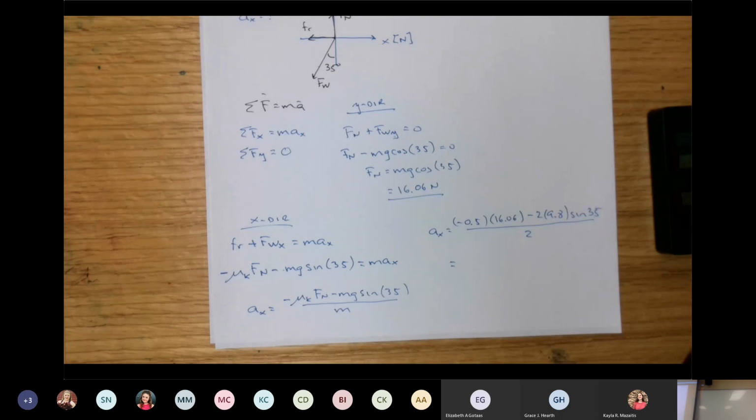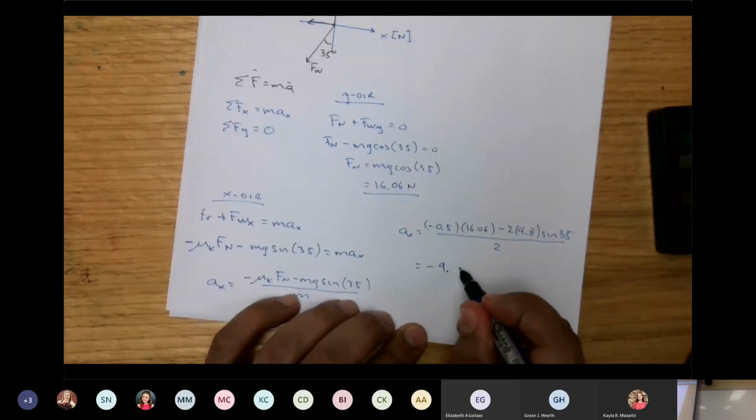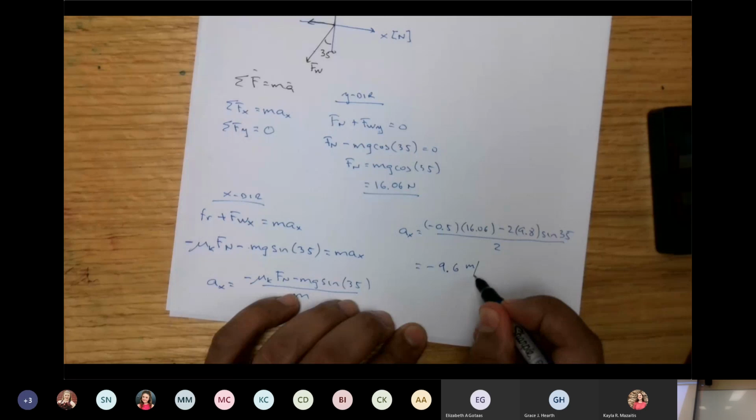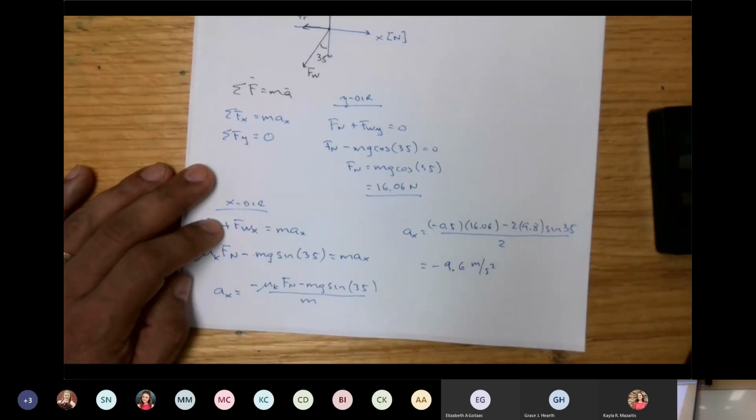Yeah, I get negative 9.6 meters per second squared. I got that. Did you get that? Yes. Why didn't you say anything?